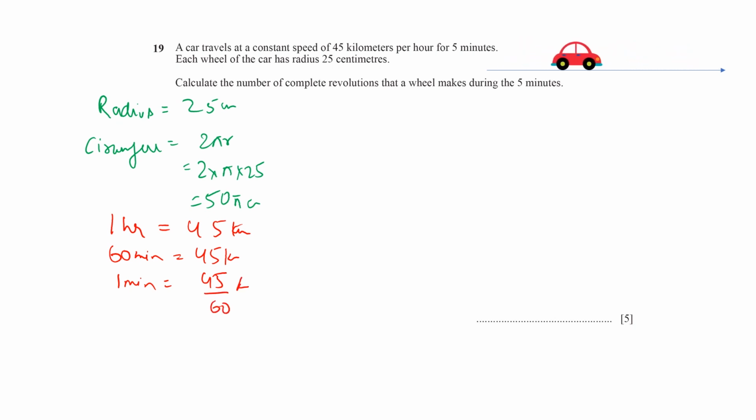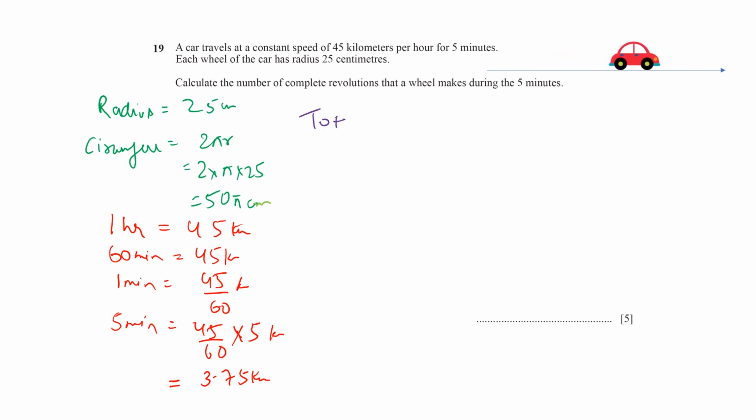Now in 5 minutes, it's going to be 45 divided by 60 times 5 kilometers. Now how much is that if we calculate this? So it's going to result in 3.75 kilometers, right? Now total distance traveled by the car will be equal to the number of revolutions multiplied by the circumference.